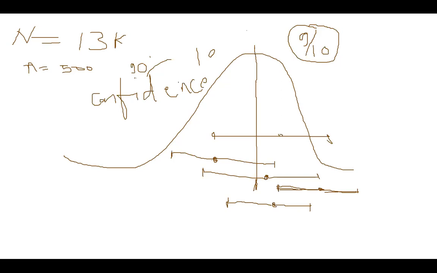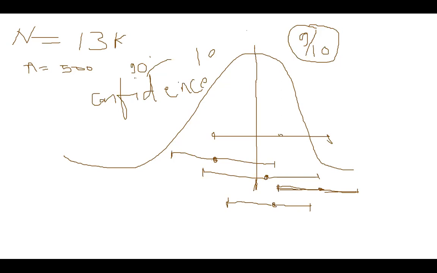Central limit theorem, now the expected range of sample means. What is the range? Applying the central limit theorem, mu, the population mean, plus or minus 1.645 sigma divided by square root of n.